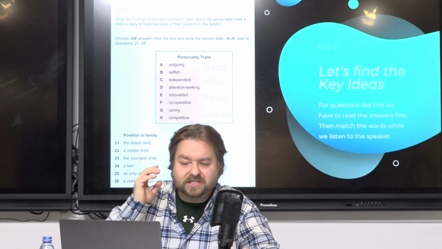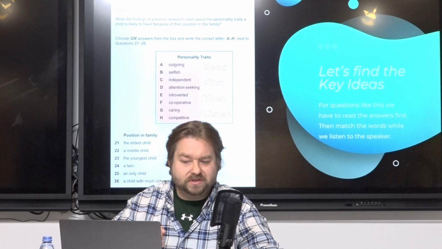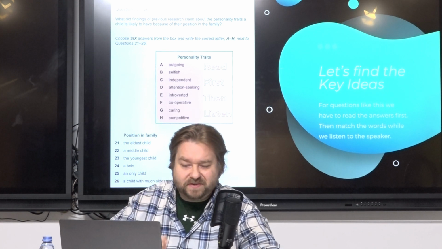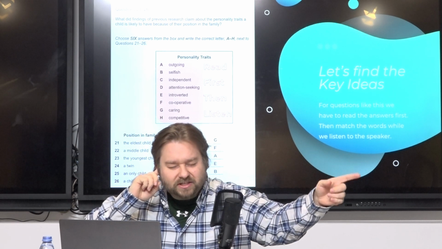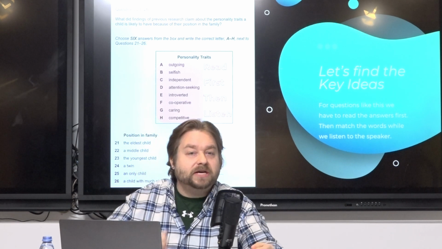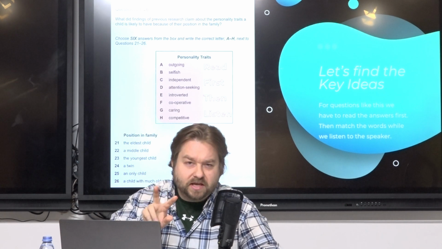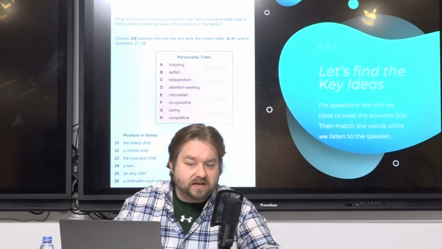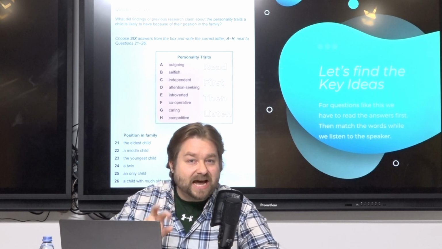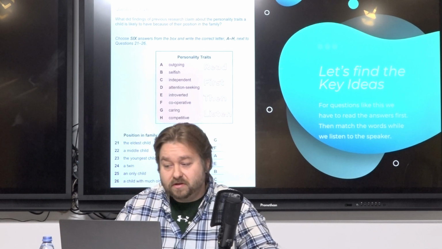We're listening for these specific terms, right? Older person, older child. That's it. Now I know how to match them. Eliminate as much of the useless information as you can and only listen for the key ideas, these key terms. That makes it much easier.